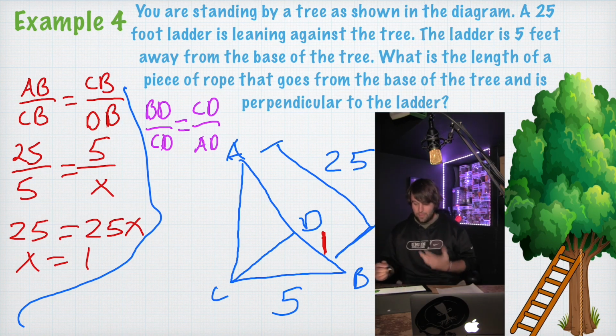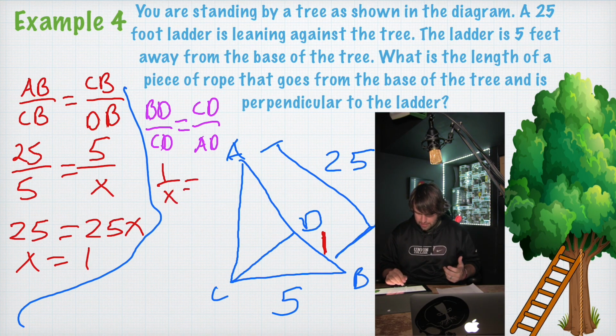And we have all that information that we could plug in. So BD is 1 over CD, which is what we're trying to solve. We'll call that X, equals CD, which is X, over AD, which is 25 minus this 1, so this is 24. I should have labeled that, I'm sorry.